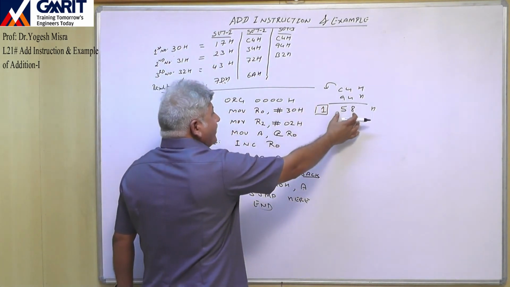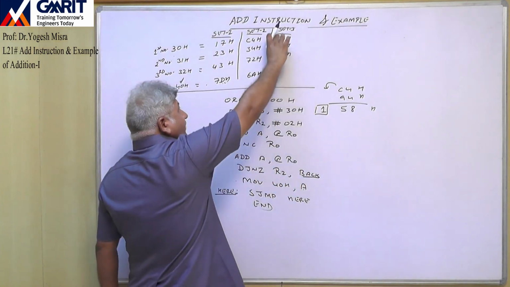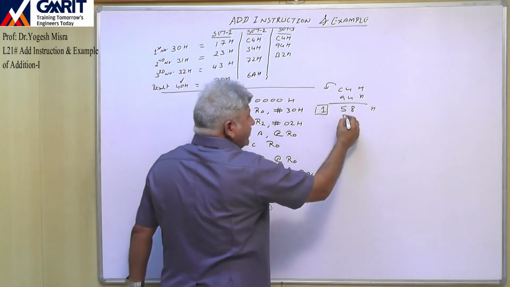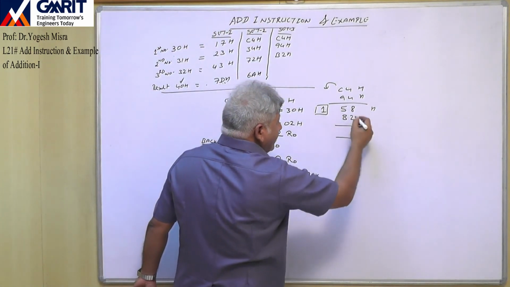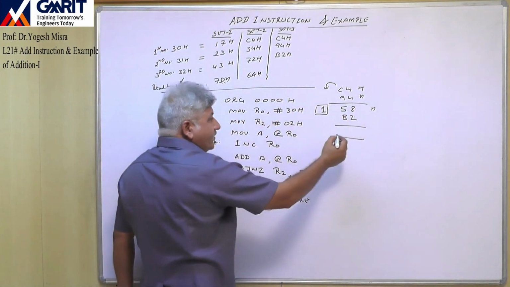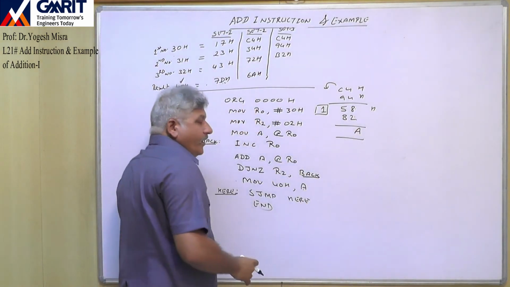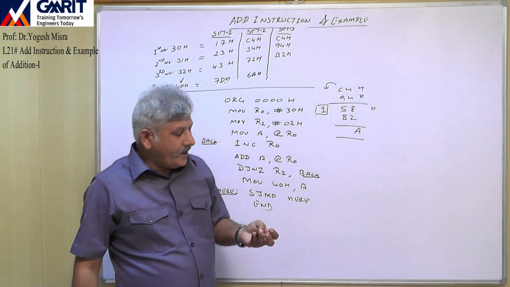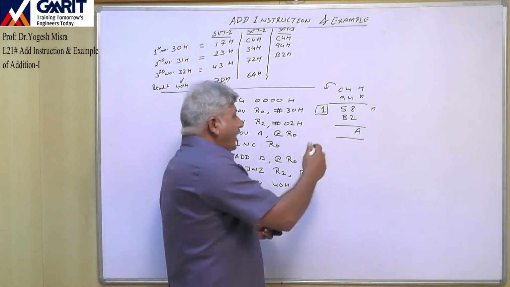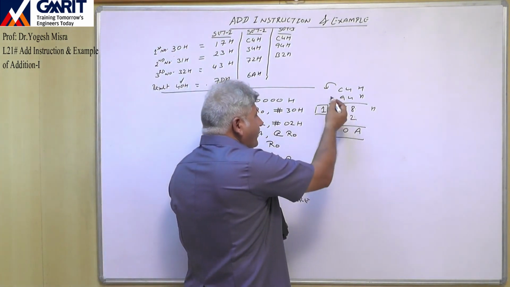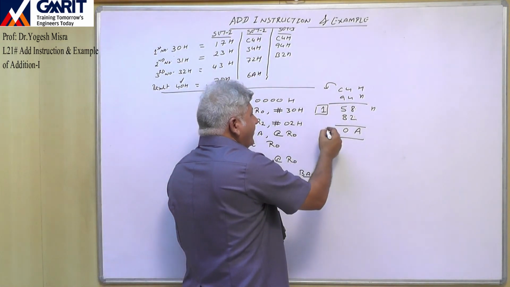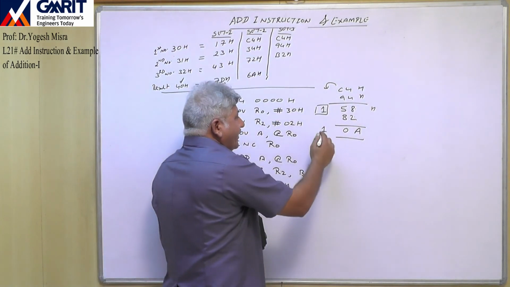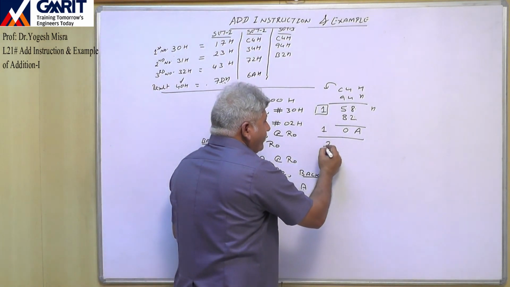Now this is the result of the first two numbers' addition, and with this we will add the third number, which is B2. If we add this, 8 plus 2 is A, and B plus 5, C, D, E, F, 0, and here 0, and another carry is generated. Finally this carry and this carry, if you add, then it will be 2.